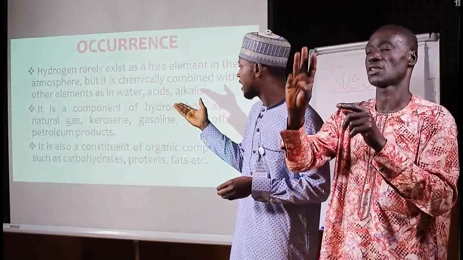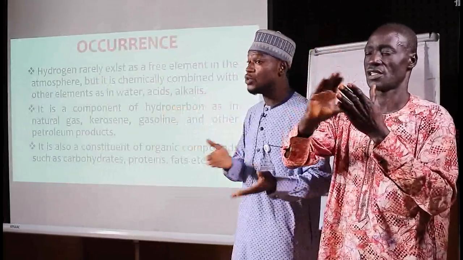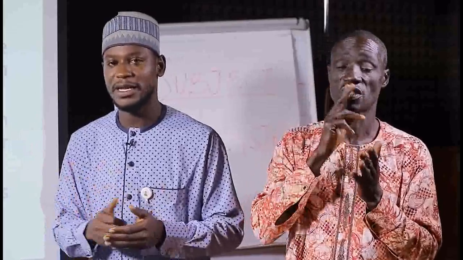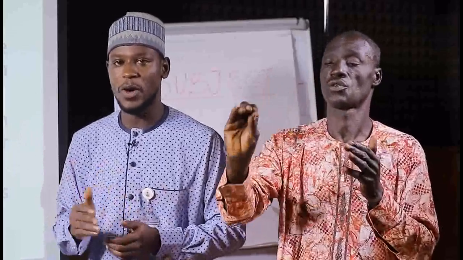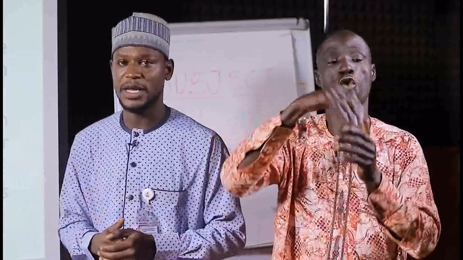But it exists in the atmosphere chemically combined with other elements, such as in water. We all know that water consists of H2O, that is 2 atoms of hydrogen and 1 atom of oxygen. It is present in all acids and it is present in even alkali. So hydrogen is a very important element.